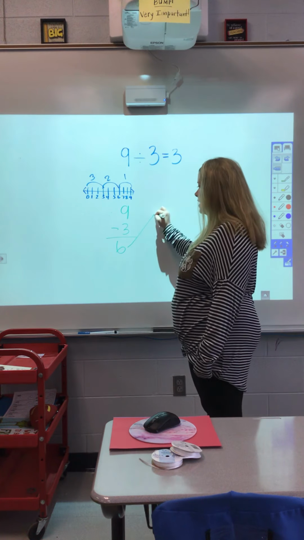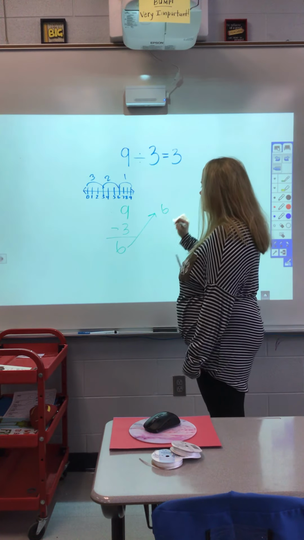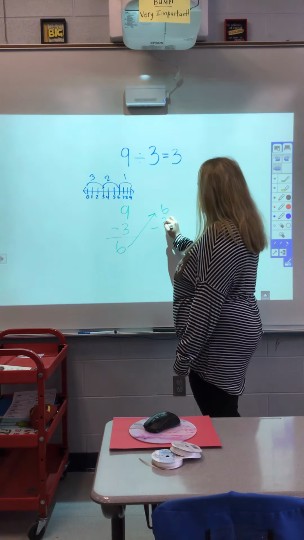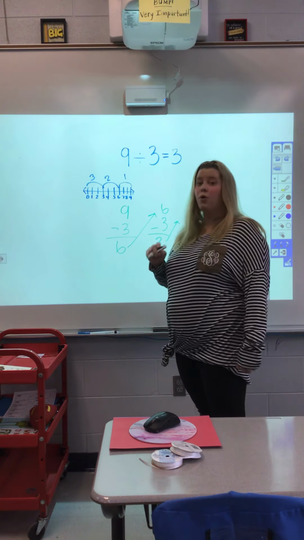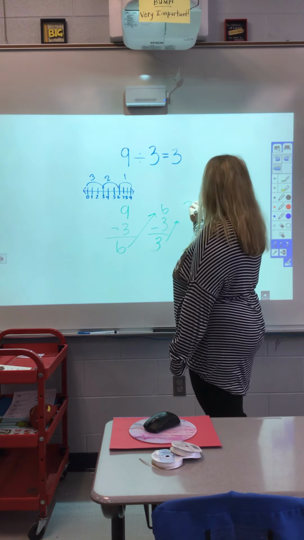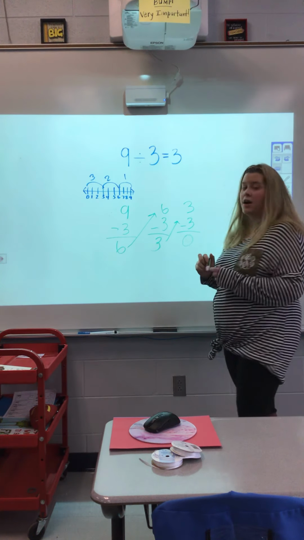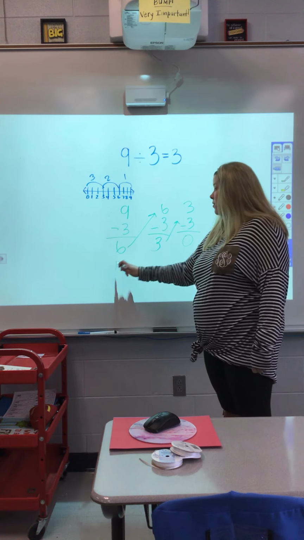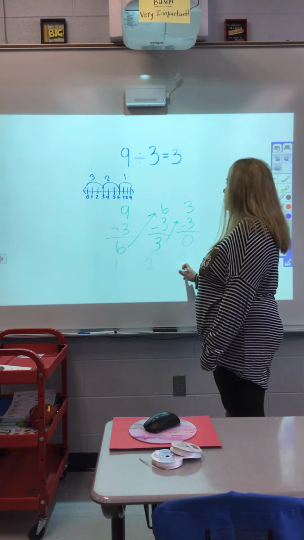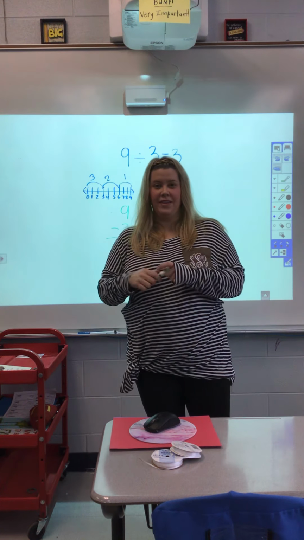Okay, then I'm going to pull my 6 up to make another subtraction problem. 6 minus 3 equals 3. I'll pull my 3 up to make another problem. 3 minus 3 equals 0. So how many subtraction problems did I make? 1, 2, 3. My answer is still 3, no matter which way I do it.